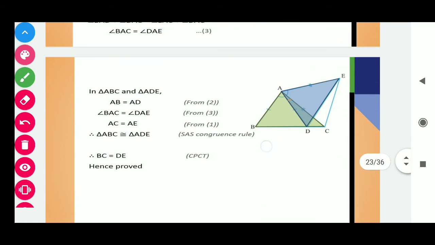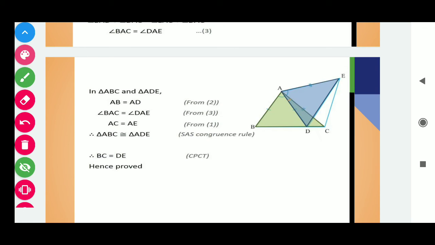So in triangle ABC and triangle ADE, we need to prove that these two triangles are first congruent. So for that, AB is equal to AD, because AB is the side of triangle ABC and AD is the side of triangle ADE. And the second condition is that angle BAC is equal to angle EAD, and you can also write DAE, both are the same. And also here AC is equal to AE, because this is given in the statement.